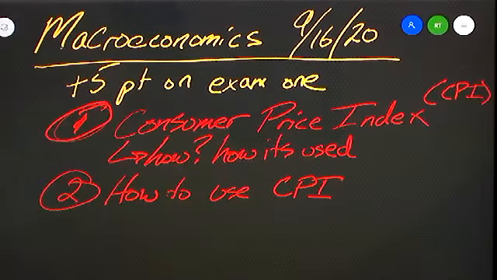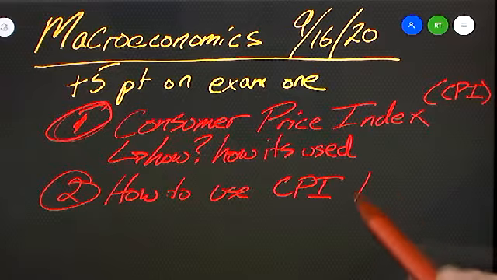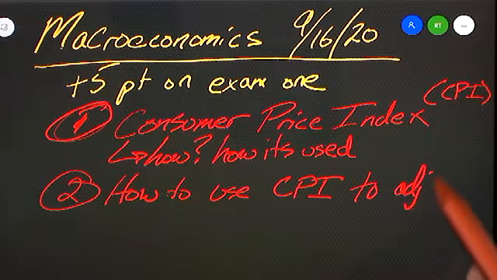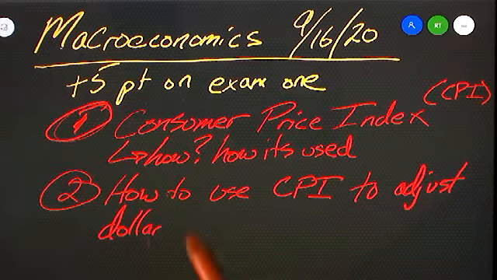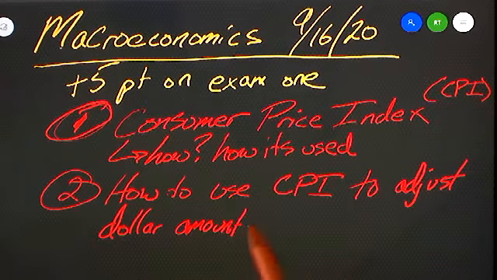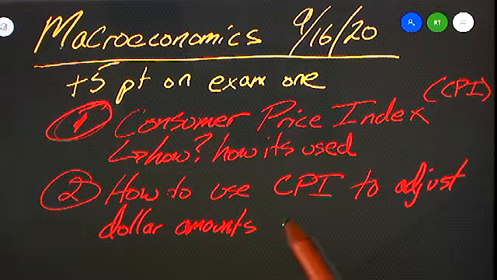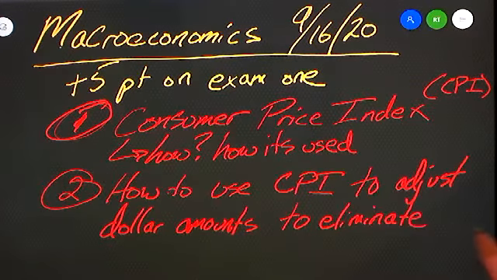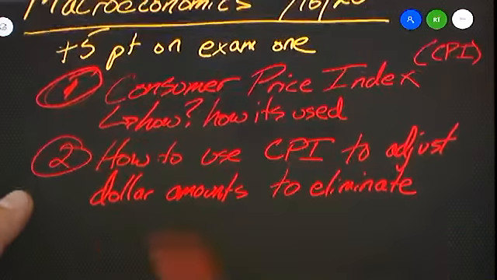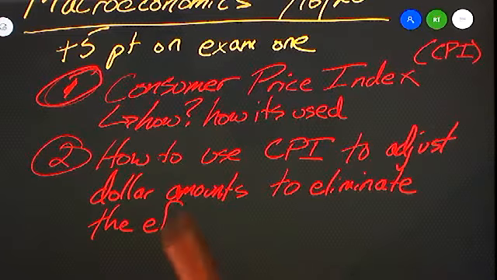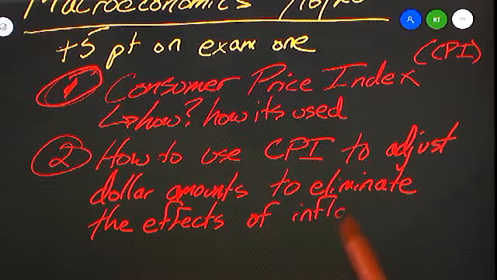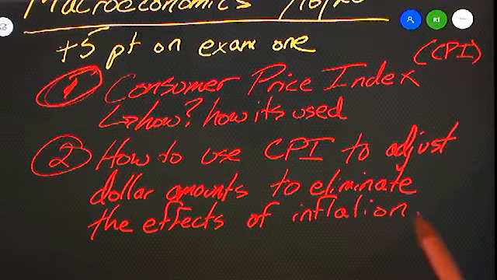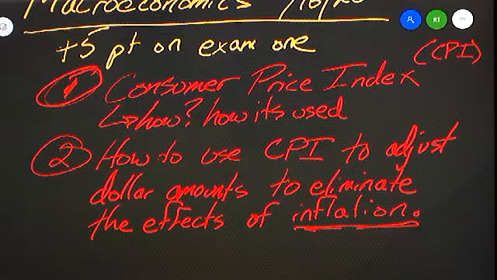So how do we actually use this CPI to adjust the dollar amounts so as to eliminate the effects of inflation? We're going to define what that inflation is as well here.